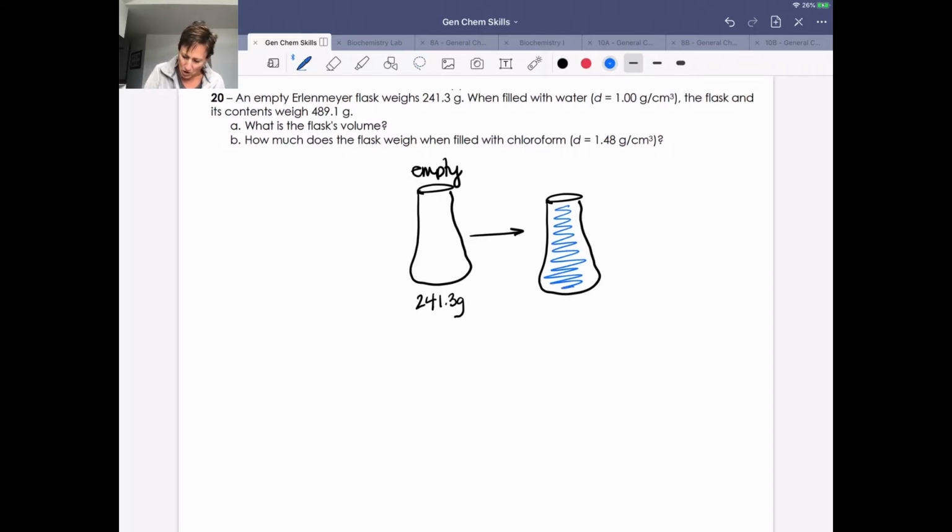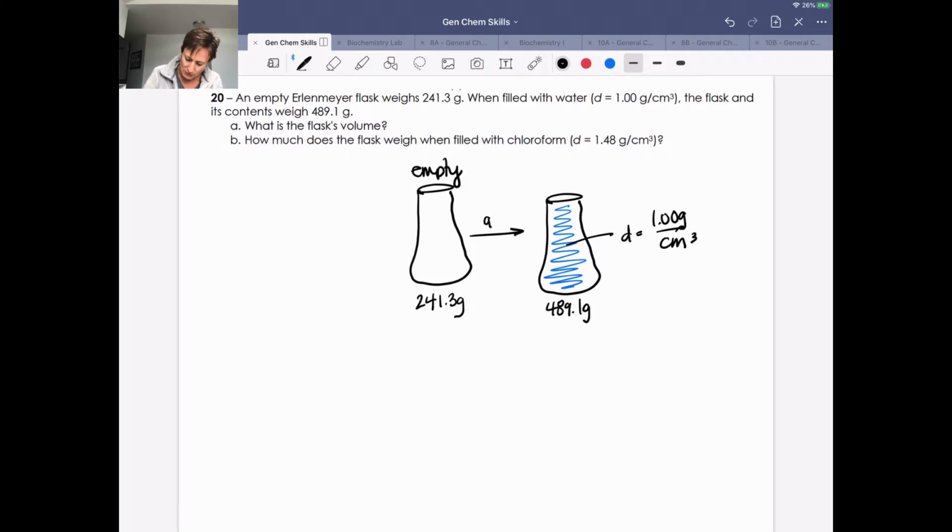And when we fill it with water, now its mass is 489.1 grams. So they also tell us that the density of water is 1.00 grams per centimeter cubed. So the first part asks, what is the flask's volume?